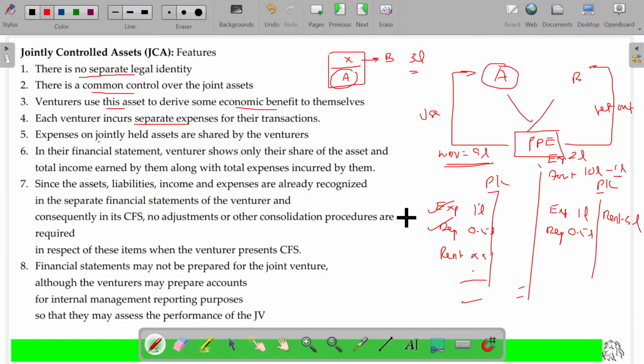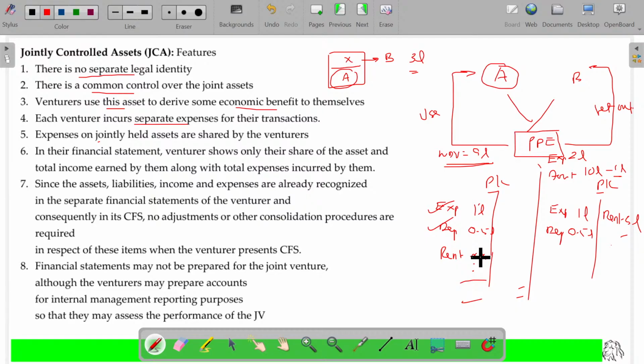Or if it is plant and machinery, they may now use it for production purposes, and because of that their revenue also increases. But B doesn't use it for his own business requirement; it might have been let out to a third party, and any income generated is credited in the books. Don't say here there is no income. Here there is income; here, instead of income, it is used by A himself. Definitely, because of the usage, he enjoys some benefit.